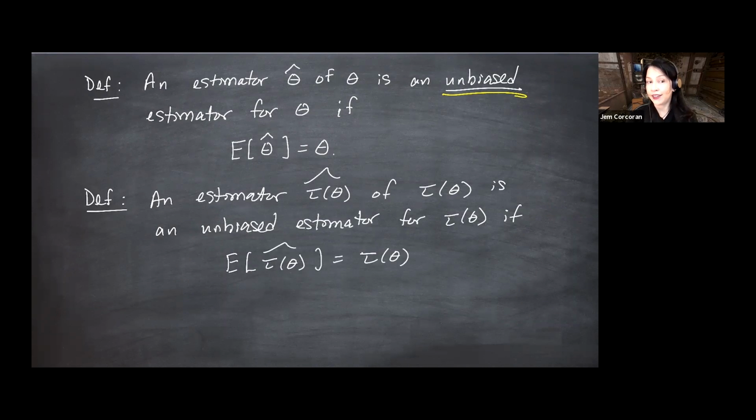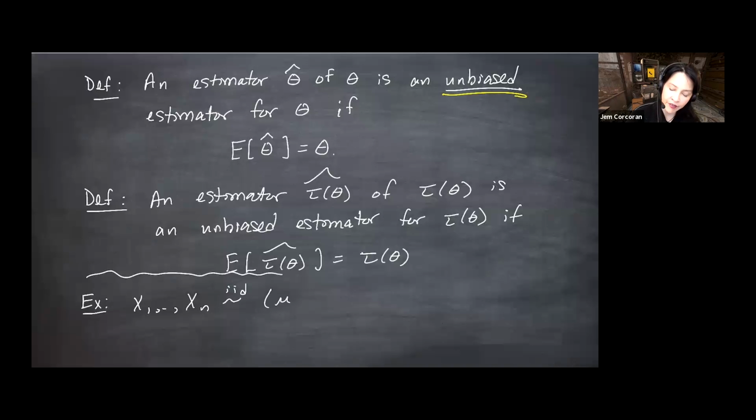So let's look at our first example, which is a super important example because you will be reusing this result. It's really short, but we're going to use it every day in math stat. Suppose I have x1 through xn IID from some distribution with mean mu and variance sigma squared.